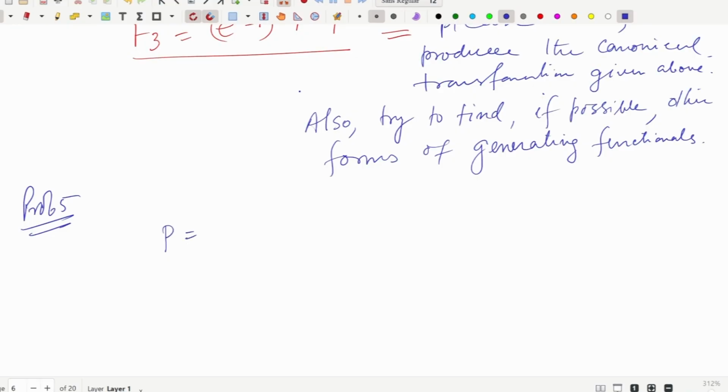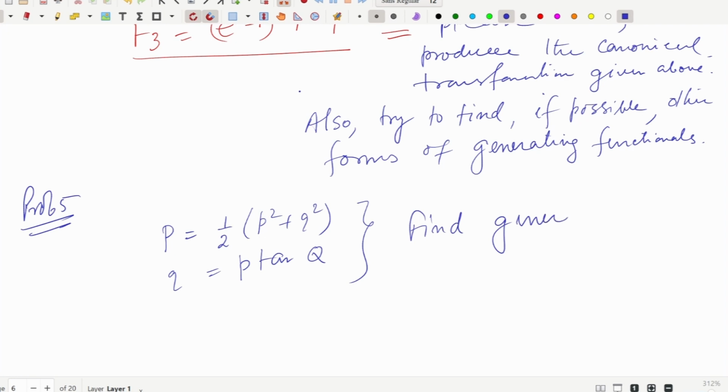P equal to half, this is the problem, let me write: P = (p² + q²)/2, and Q = tan⁻¹(q/p). Find generating functionals for this transformation.